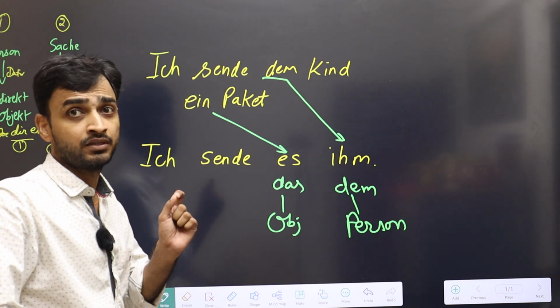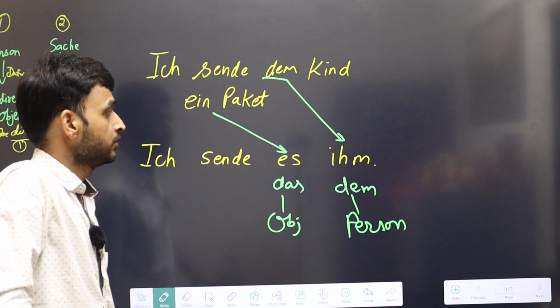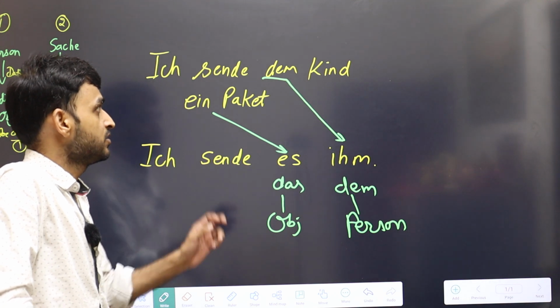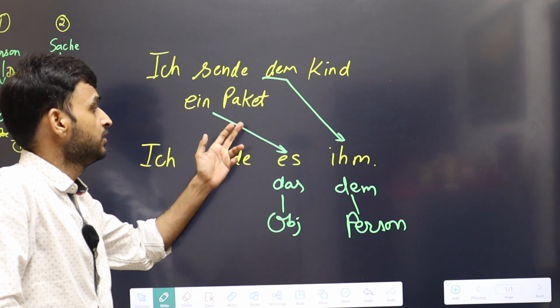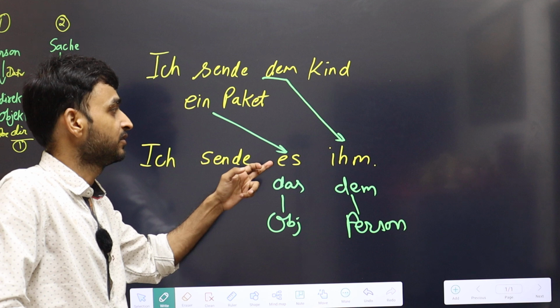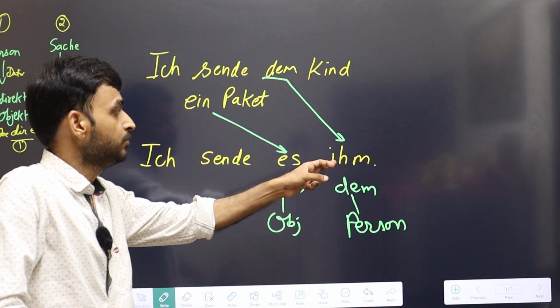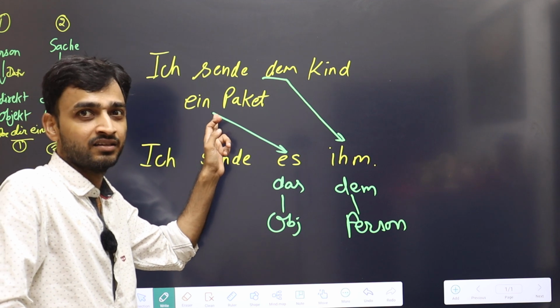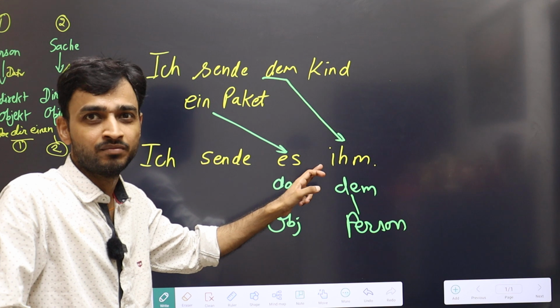You need to be very, very careful. Ich schicke es ihm. But if you say ich schicke dem Kind es, which is wrong. You cannot say ich schicke dem Kind es. No. But you can say ich schicke ihm ein Paket. This is clear. Instead of dem Kind you can write ich schicke ihm.